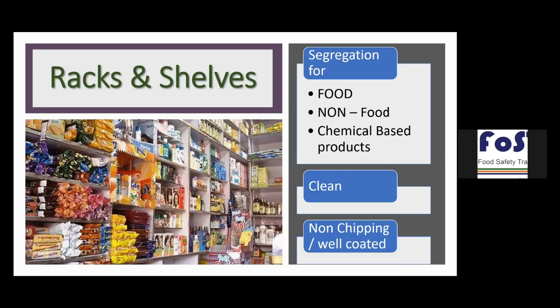All right, so I tell them, ma'am, please repeat this in your language so that they have some understanding. If something is expired, then it must be separated from all food items and kept in a separate rack that is properly covered and locked, and there should be a red color label written not for sale.